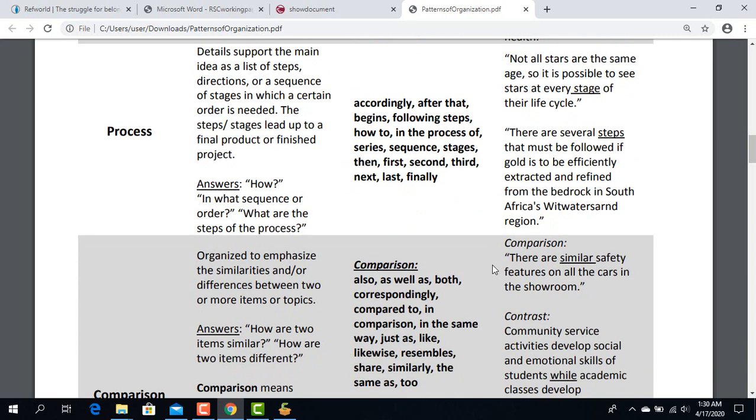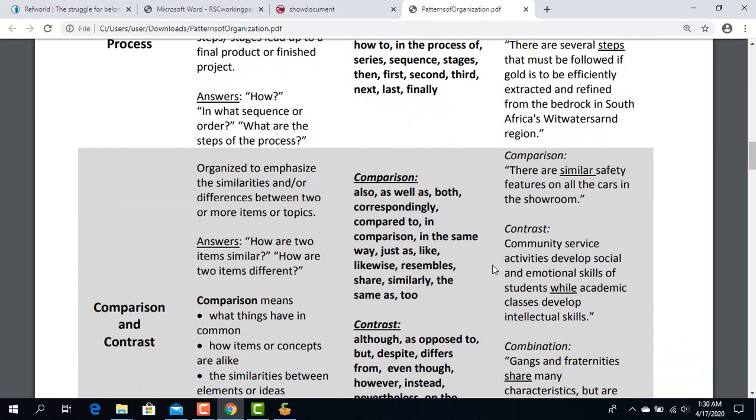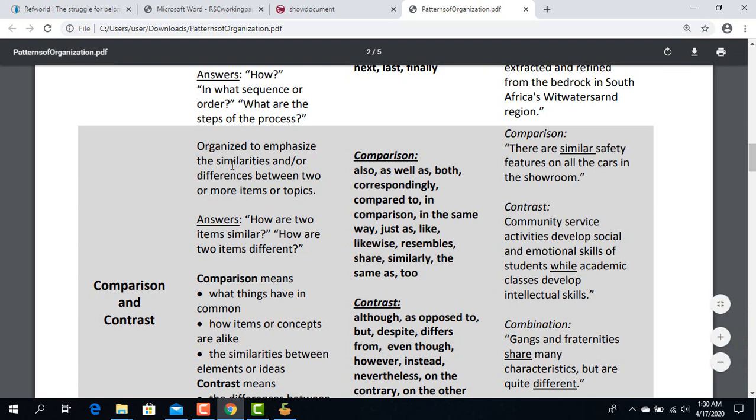Now, comparison and contrast, which is very easy. Whenever you're going to show similarities among things or differences, then you're going to use comparison and contrast.